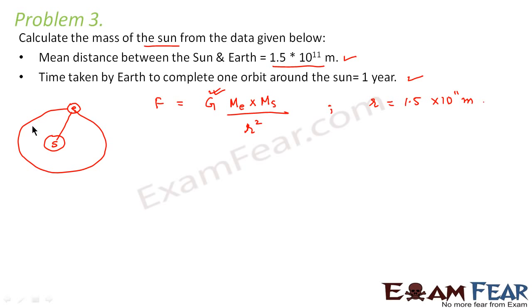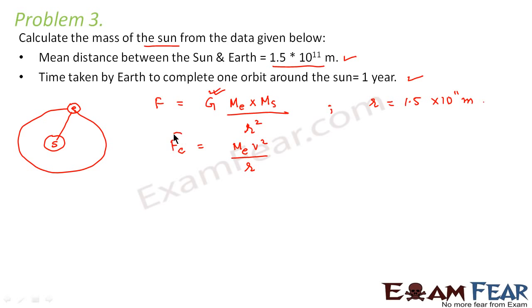Now, when the earth is moving in a circular fashion, there is a centripetal force acting. Whenever any object moves in a circular path, a centripetal force comes into play. The centripetal force is given by mv square by r, that is, mass of the earth, me, v square divided by r. r will again be the distance between the earth and the sun.